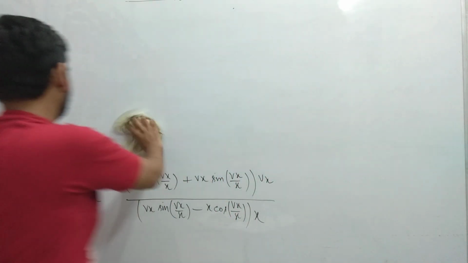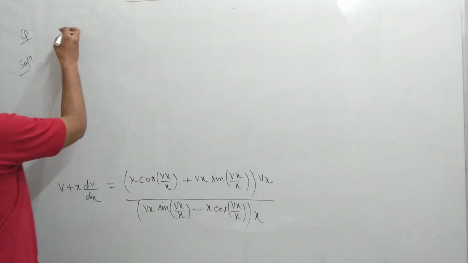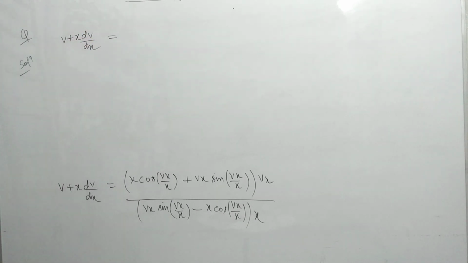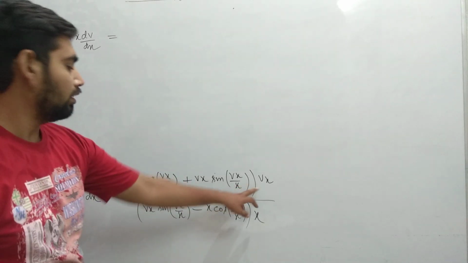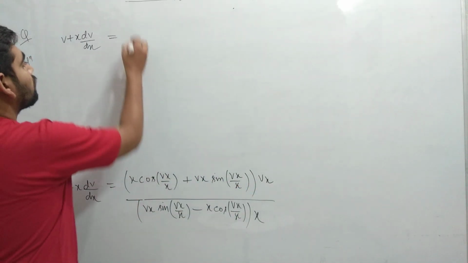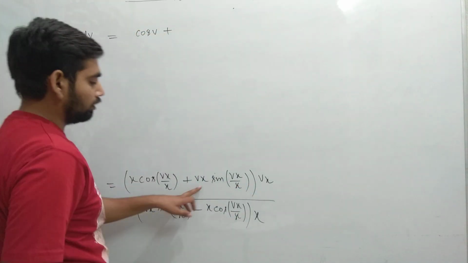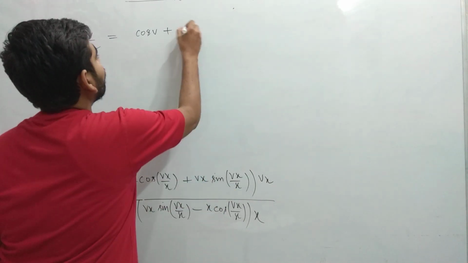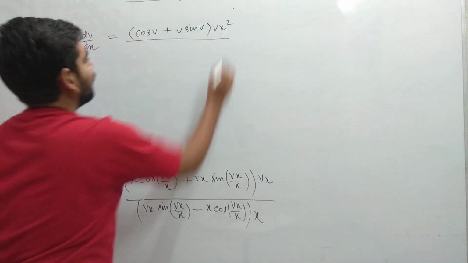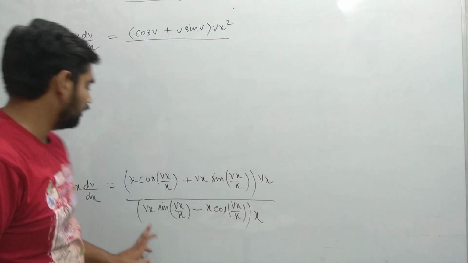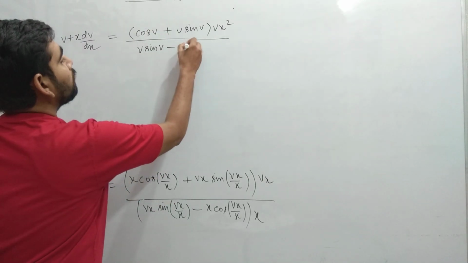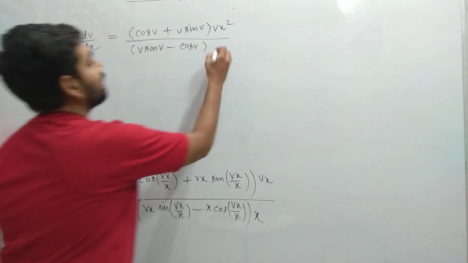Now on solving, what will we get? V plus x dv by dx equals, in the right hand side we can take x common from these terms, so it will become x square outside, cos v plus v sin v, and it will become vx square outside, and here x common and it will become v sin v minus cos v, x square.